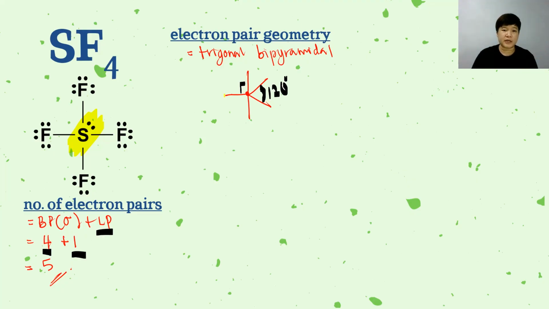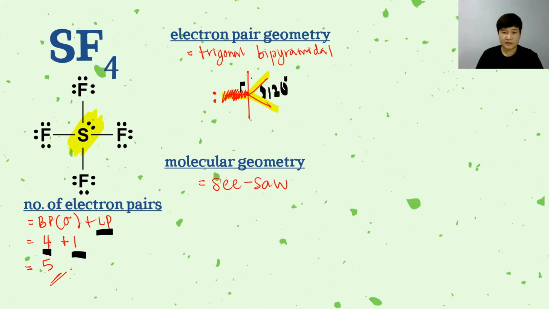So we will replace one of the bonds in this triangle with a lone pair. Any one of this triangle. Let's say I replace this bond with a lone pair, so your lone pair will be located over here. And what shape are you getting? You'll be getting your molecular geometry, seesaw. Can you see the seesaw over here? That is your seesaw, okay?